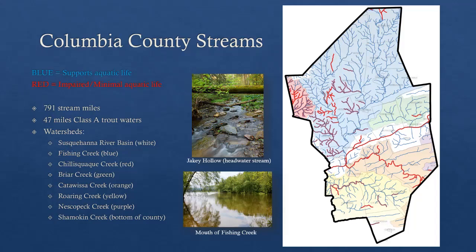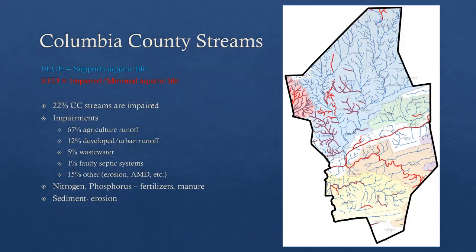But of course, I cannot talk about Columbia County without addressing some of the impairments that we have. About a quarter of our county is listed as impaired, and those are primarily from agricultural runoff, as well as urban and developed area runoff, and some other factors. When we talk about what impairs water quality in streams, a lot of times you'll hear us talk about nitrogen and phosphorus, and those are typically coming from excess use of fertilizers or manure in the landscape, again from those runoff scenarios in a precipitation event.